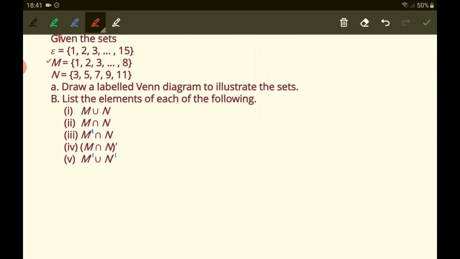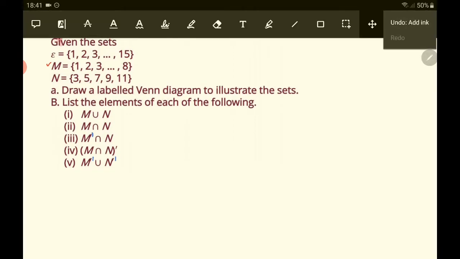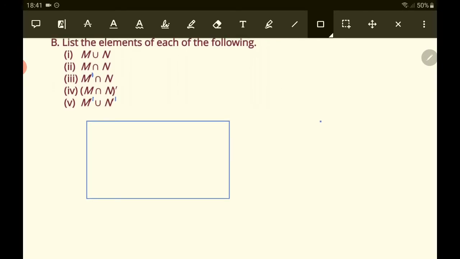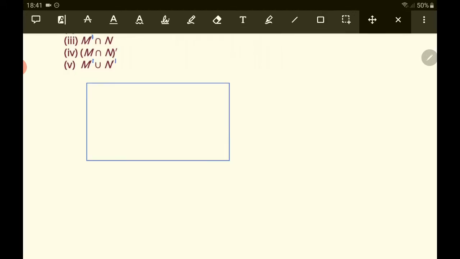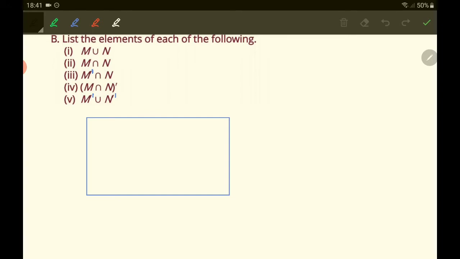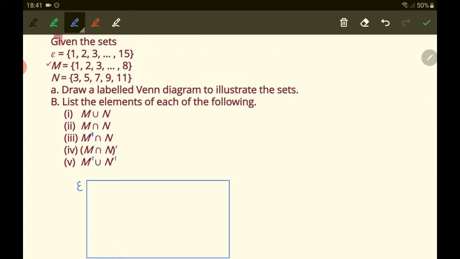Okay, so we are going to draw a Venn diagram. So we can make the box first. Okay, so we can make it like this, and then with the pen here, we can write the epsilon, representing the universal set.